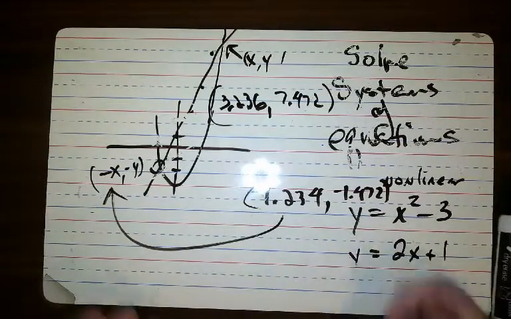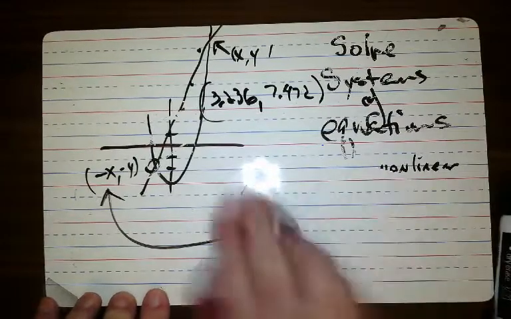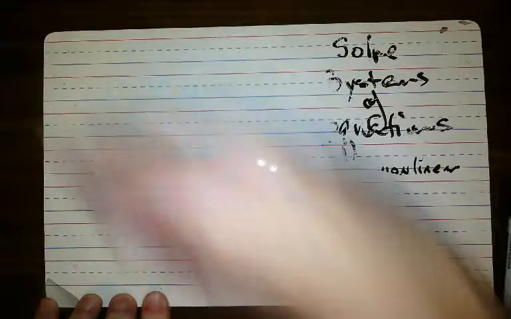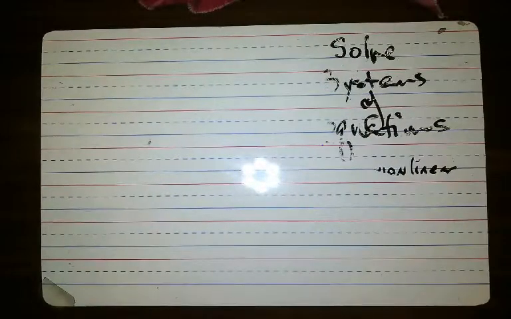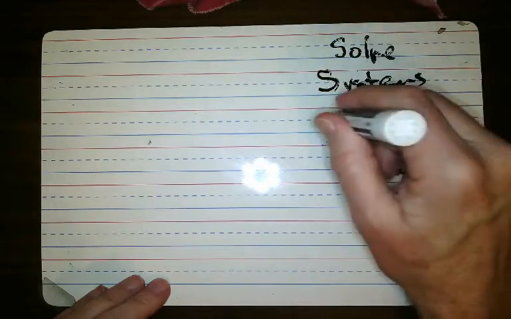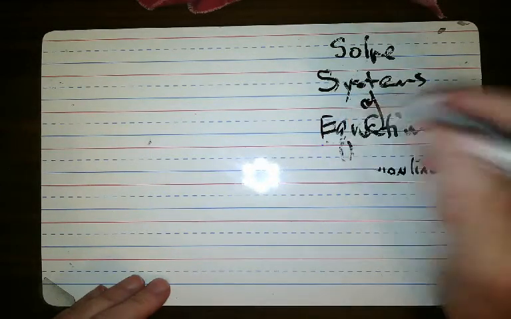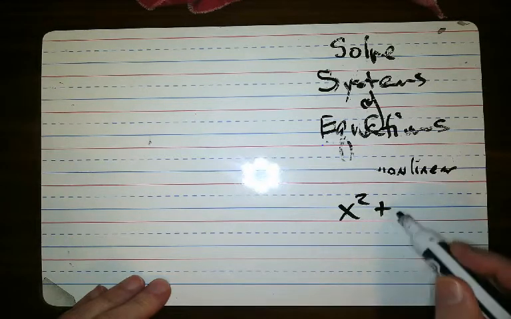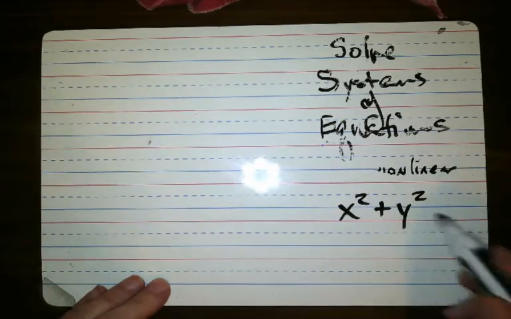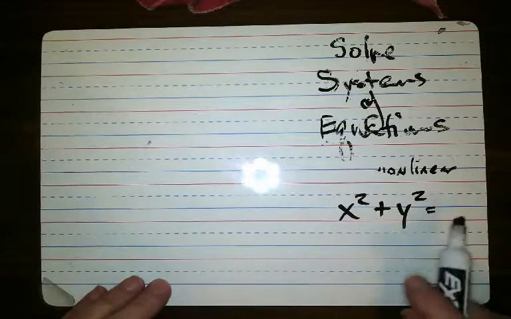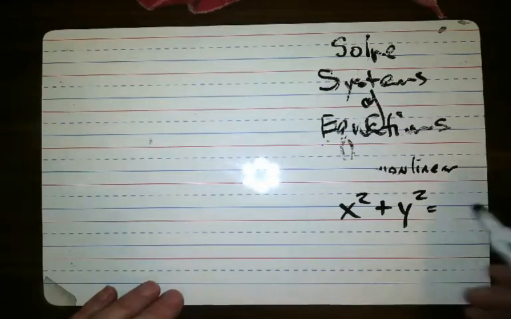Let's do one with circles, because some people don't know what to do about circles. So, I don't know if you know, but the equation of a circle has both things squared, like this. X squared plus y squared equals some number, right?